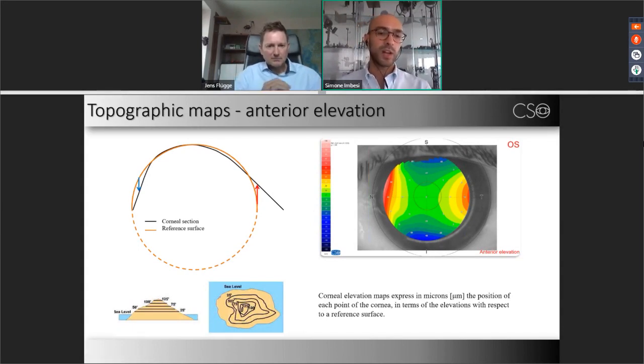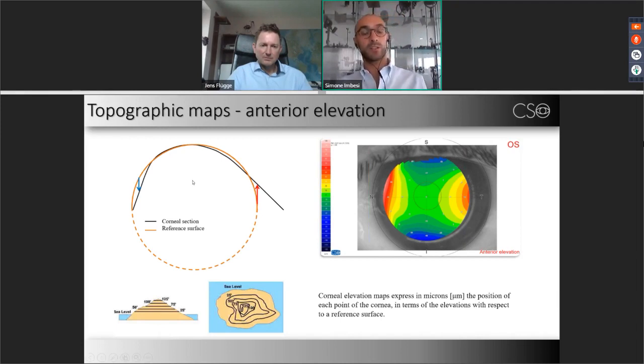The way to describe elevation is popular, because it's similar to geographic cartography. We are expressing elevation with respect to something known. As in geographic cartography, the elevations are expressed with respect to sea level.